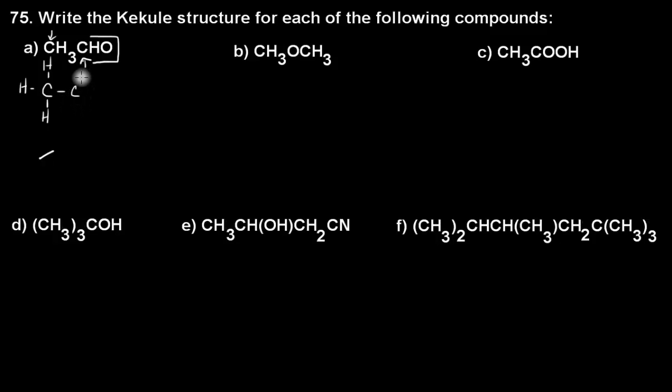So we know that this carbon is attached to a hydrogen right here, and we also know that it's attached to an oxygen. So right now, this carbon only has 1, 2, 3 formal bonds to it.